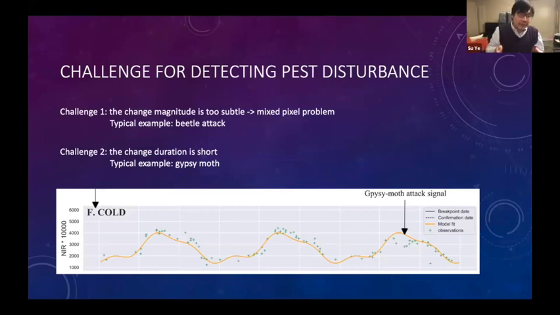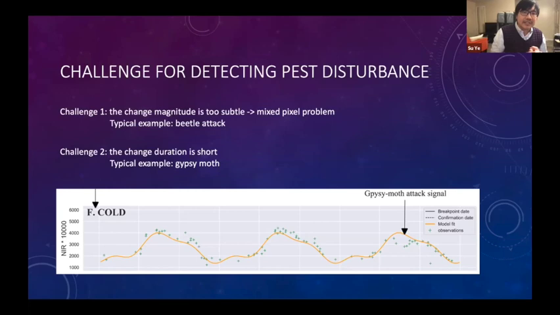This is because our resolution is 30 meters by 30 meters, and in a 30 by 30 meter block there could be a lot of stuff. There could be not just infested trees, but also healthy trees, understory trees, and probably barren land. All this stuff mixed together constitutes one observation value. So this observation value is very likely a mixed value, which causes the change signals to not be that significant. So that's the first reason for the challenge.